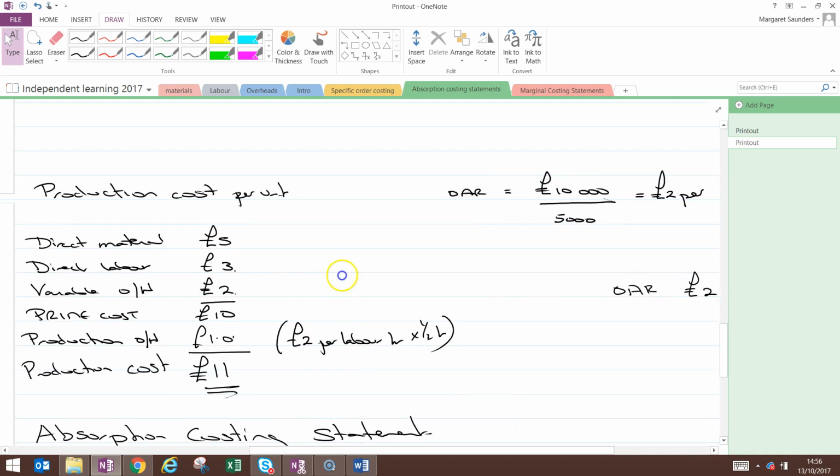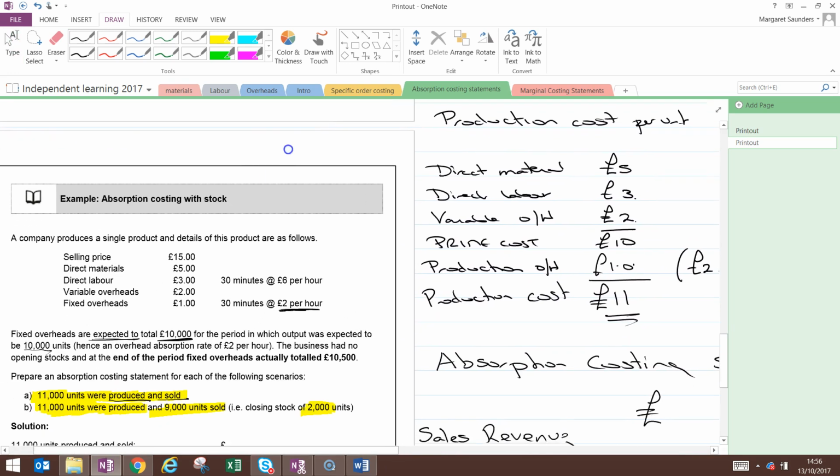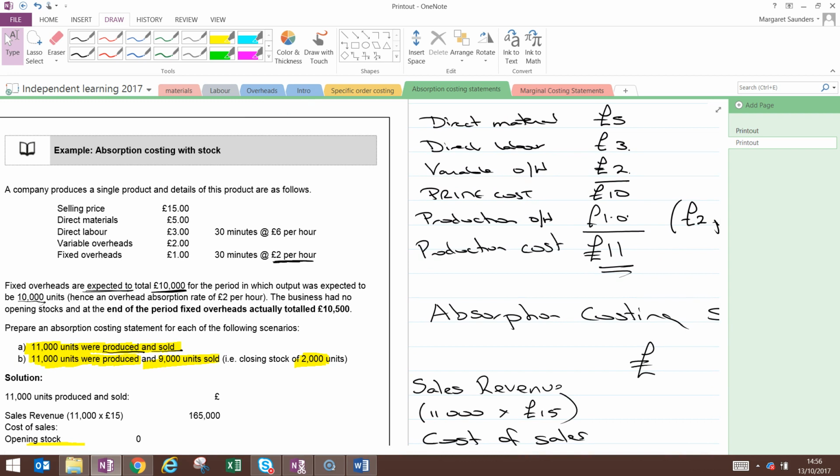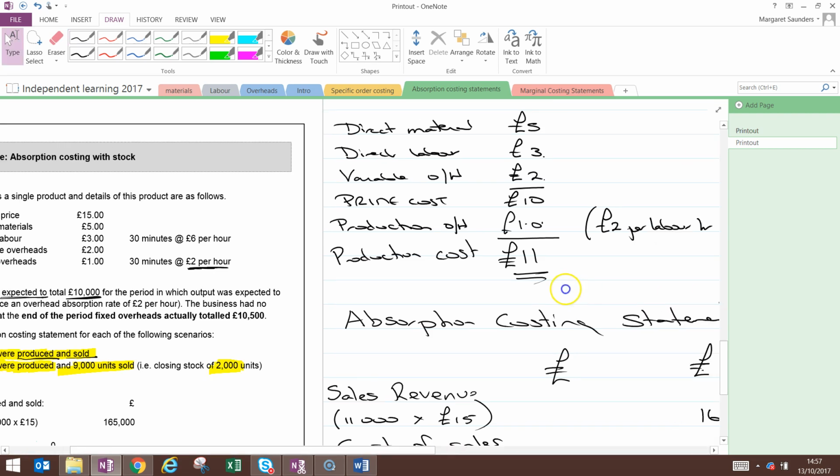If we go back to the example, they haven't told us how many labour hours were worked, but they have told us that we produced 11,000 units. And we do know that each unit takes half an hour or 30 minutes. So for 11,000 units at 30 minutes a unit, that would be 5,500 hours.